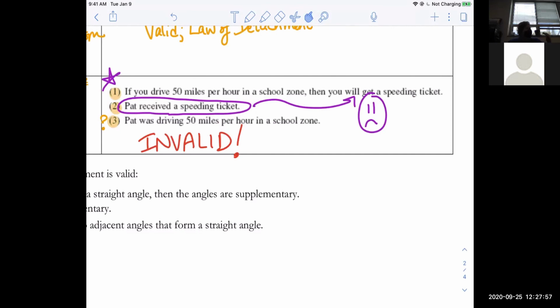Okay, so if you basically just flip-flopped which two? Statements 2 and 3, if you flip those around, and the conclusion was that Pat received a speeding ticket, then that would be a valid argument.